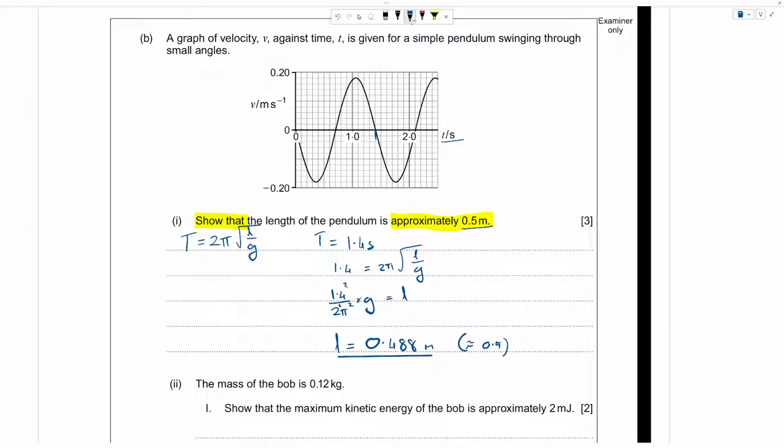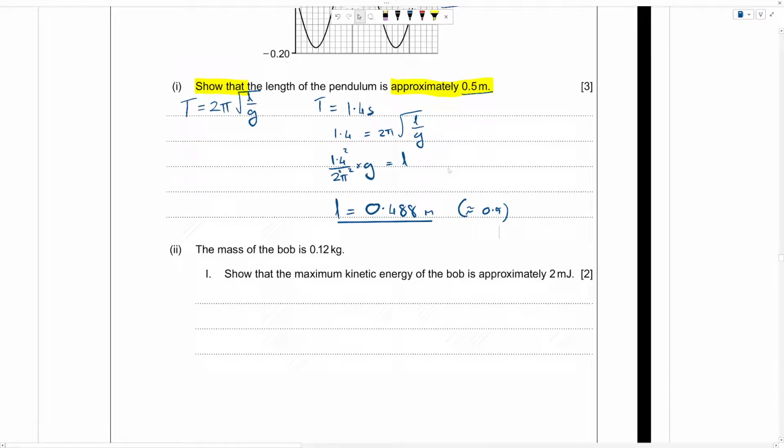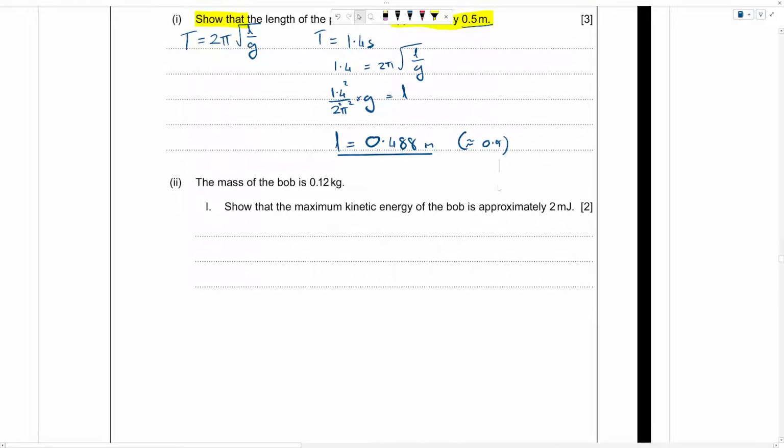That is clear. Okay. The mass of the bob is 0.12 kilograms. Show that the maximum kinetic energy is approximately 2 millijoules. So maximum kinetic energy is going to be when the velocity is a maximum.